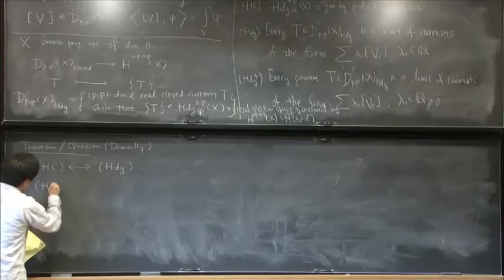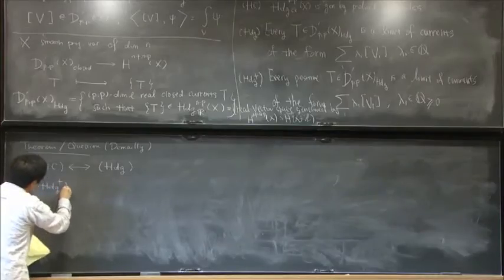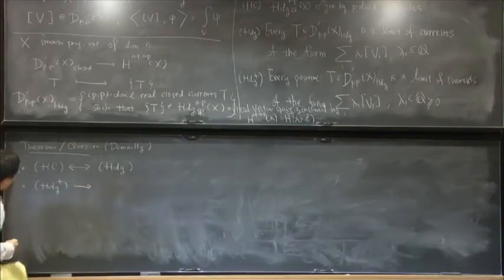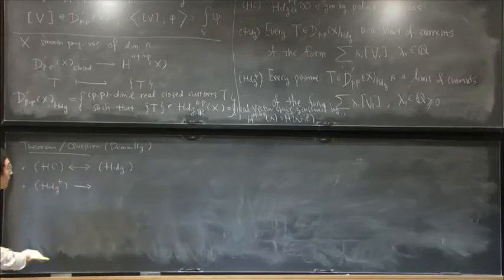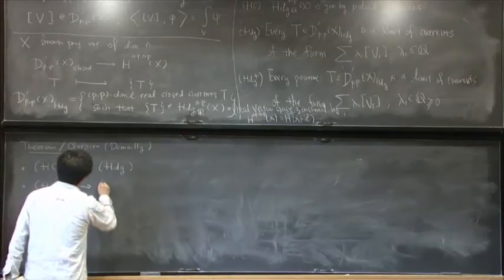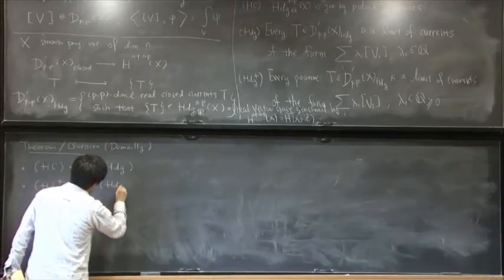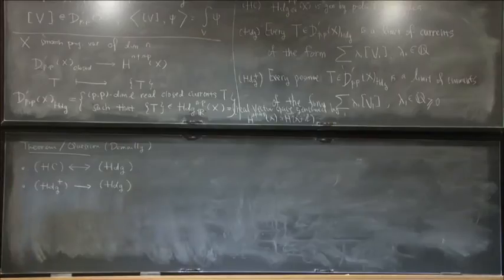And the second statement of his is that Hodge plus, every positive current with a suitable property can be approximated by these algebraic currents, implies Hodge without positivity.